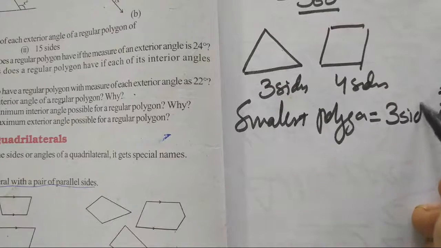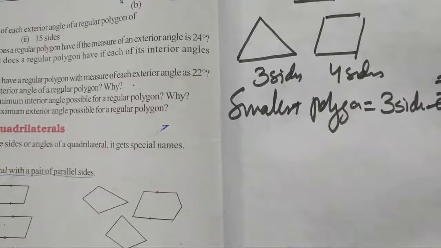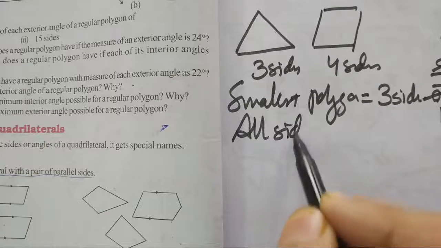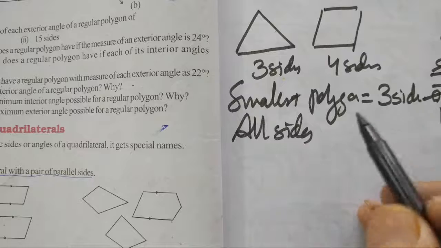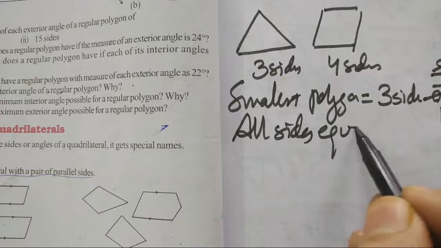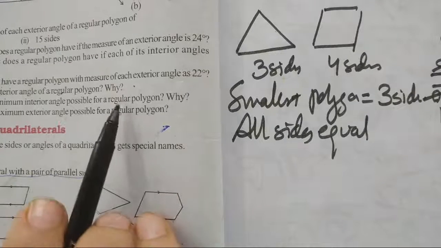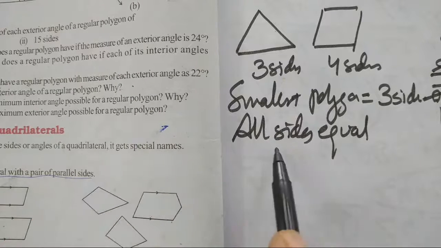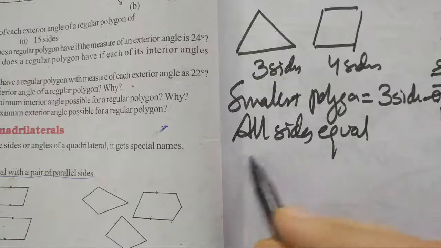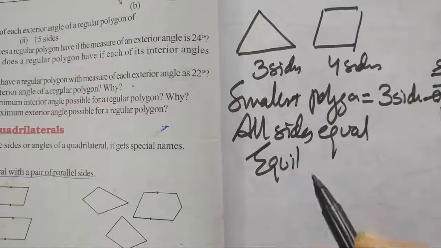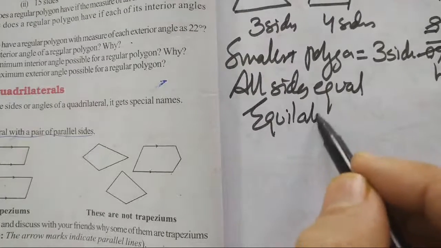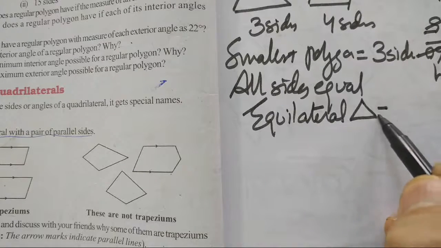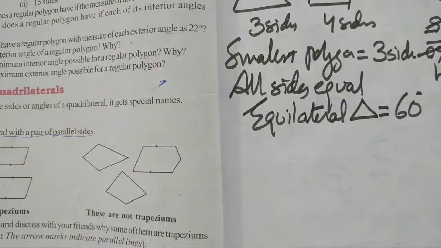If it has 3 sides, then all sides should be equal, because we want a regular polygon. A regular polygon means all sides equal. All sides equal of 3 sides means it should be an equilateral triangle whose each angle will be 60 degrees.